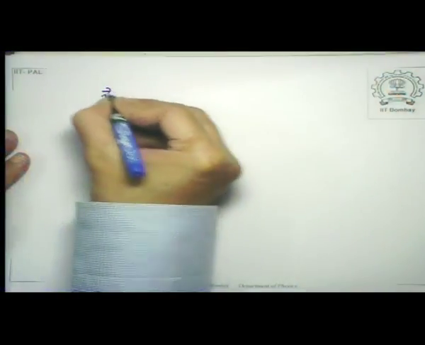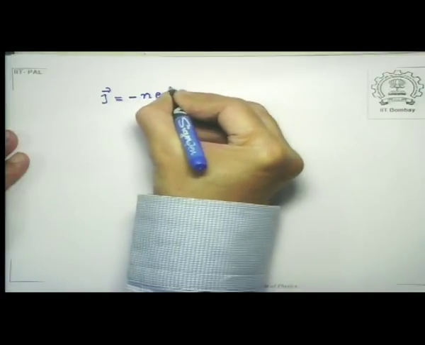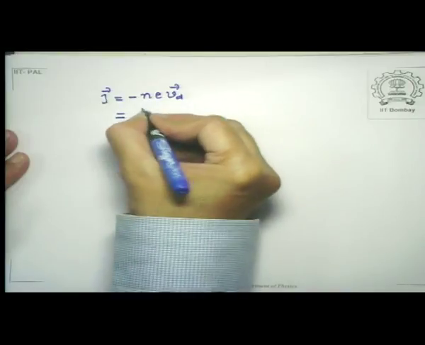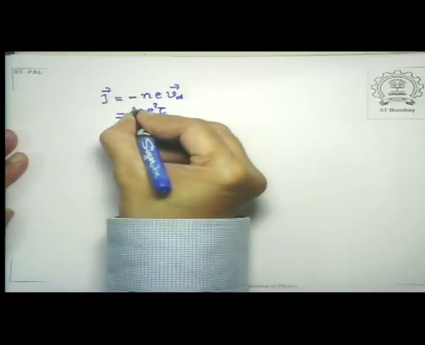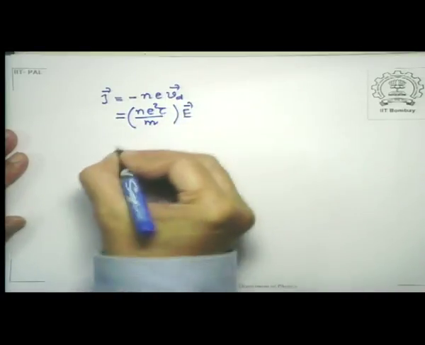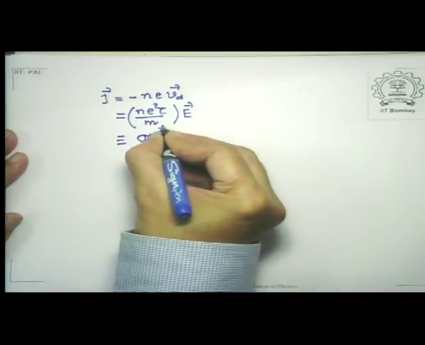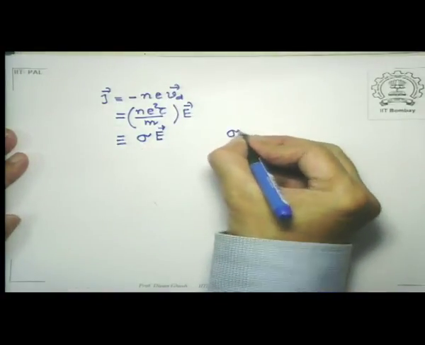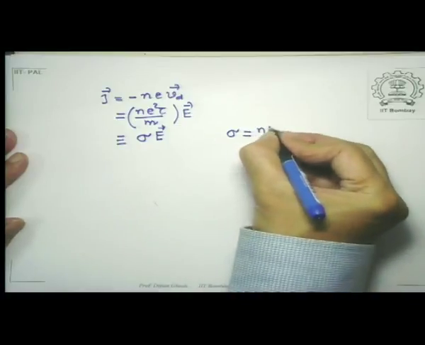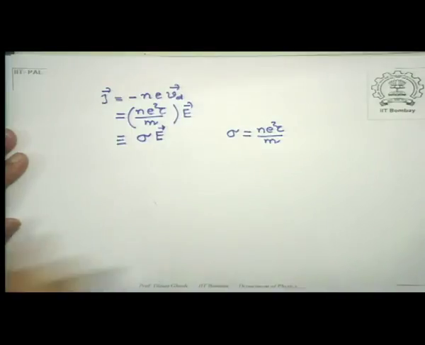Recalling that my relationship between the current density J and the drift velocity was minus N e Vd, that tells me that J is given by N e square tau over m times E, and this has the same structure as sigma times E. Thus, the expression for conductivity is N e square tau over m.